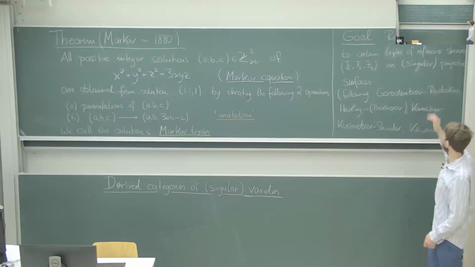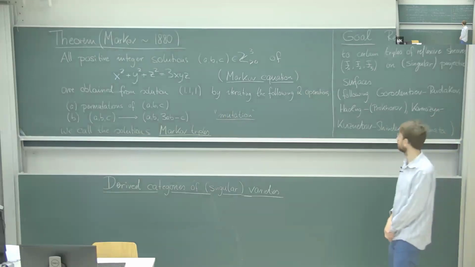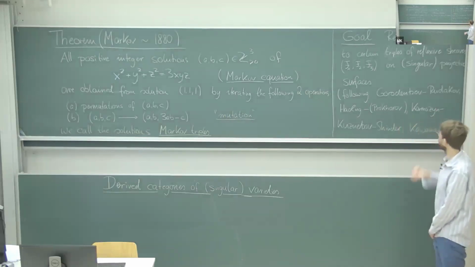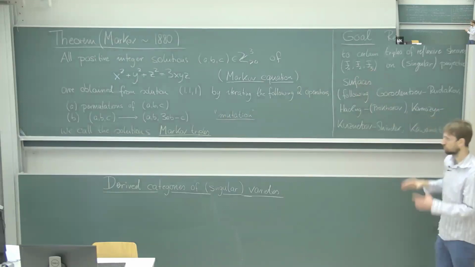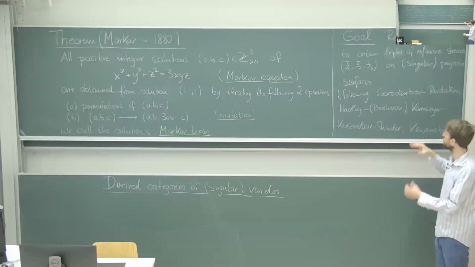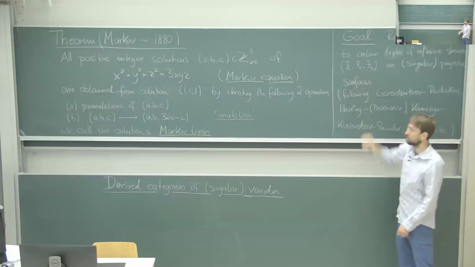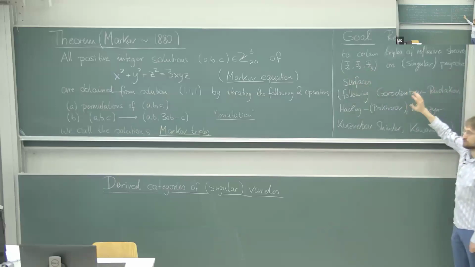So the goal for the start is to relate this Markov tree, which is on the blackboard behind, to certain triples of reflexive sheaves, F1 up to F3. Instead of having a triple of positive integers, we then have triples of such reflexive sheaves on singular projective surfaces.